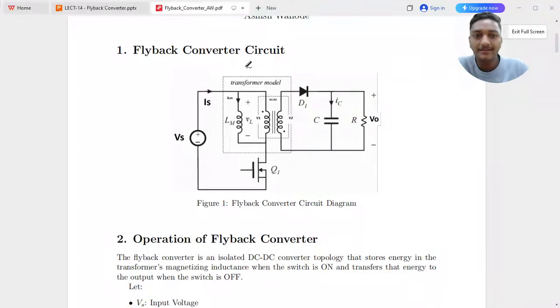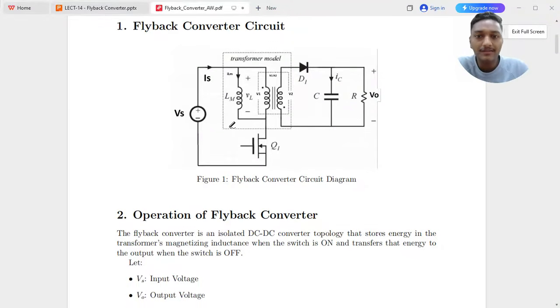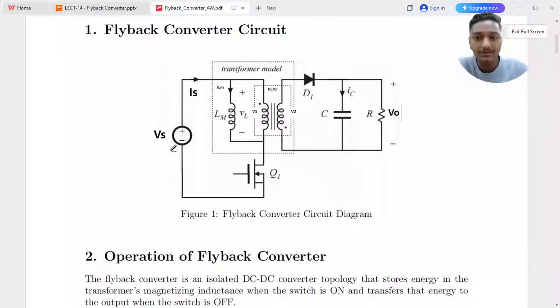Flyback converter design. All of you know how the flyback converter looks. We have one DC source, one transformer model, and inside the transformer model this LM is shown, and one switch is also there. Then on the transformer secondary side we have one diode, one capacitor and our load connected. The flyback converter is kind of a step up as well as step down converter.